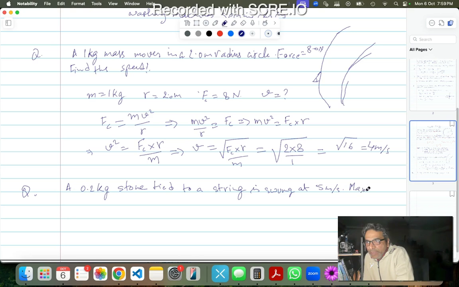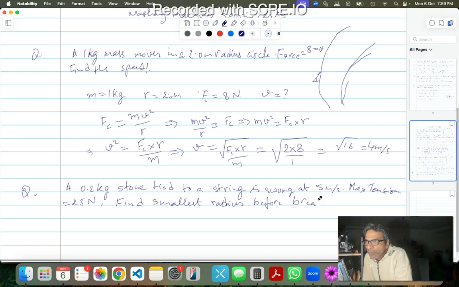The string can sustain a max tension equal to 25 Newton, right? So find the smallest radius before breaking.